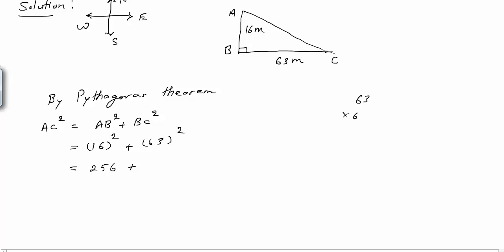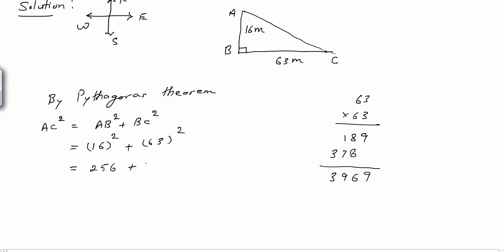63 into 63: 3 3s are 9, 3 6s are 18, 6 3s are 18 and 6 6s are 36, plus 1, 37, so 3969.